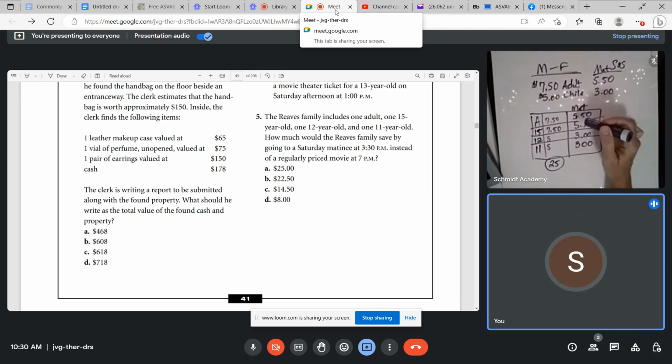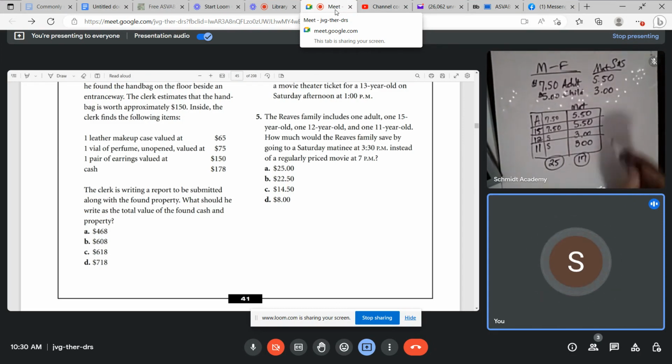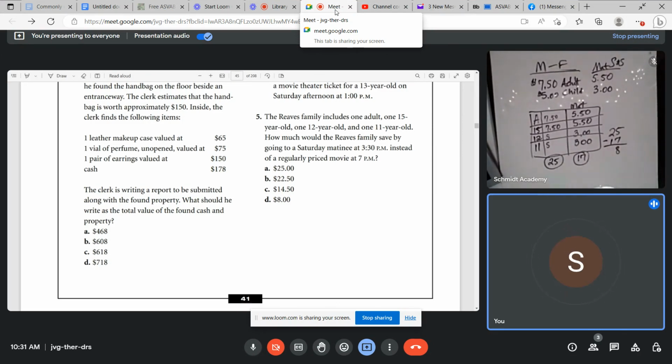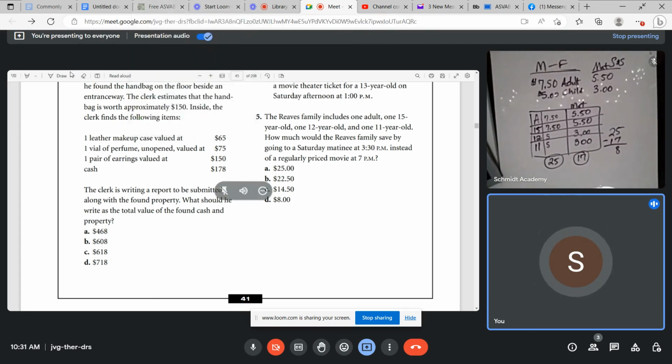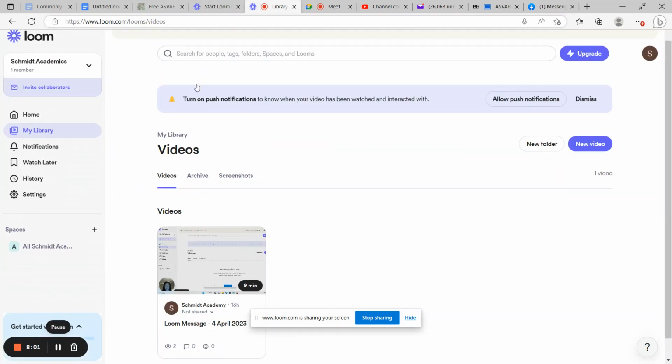Over here, we've got 10, 11, 12, 13, 14, 15, 16, and then 50 and 50 would be 17. So how much would they save if they spent $17 instead of $25? 25 minus 17 would be $8. So our answer for number 5 should be D, 8.